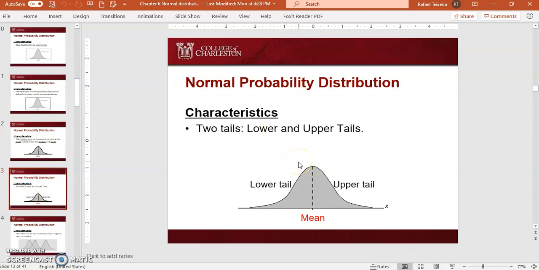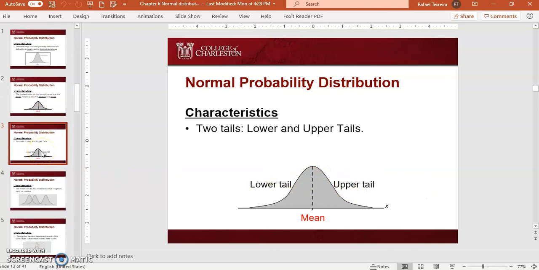Another important characteristic is to understand the tails of the distribution. We refer to the left side as the lower tail or left tail, and the upper tail as the right tail. So these are interchangeable terms for the tails: lower or left, upper or right.